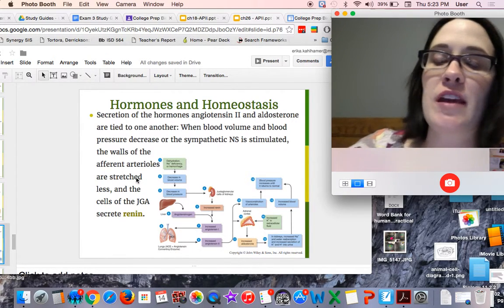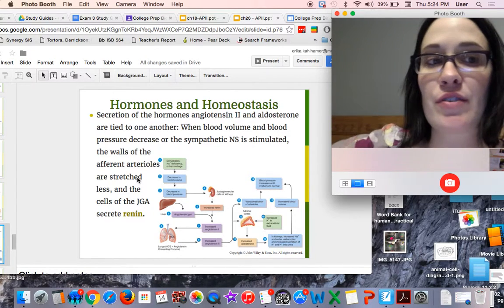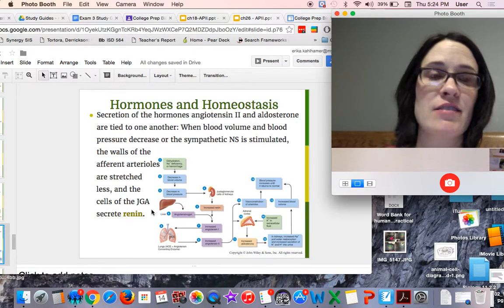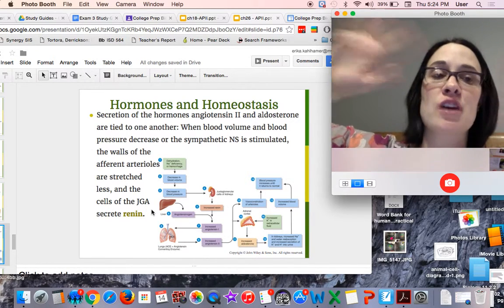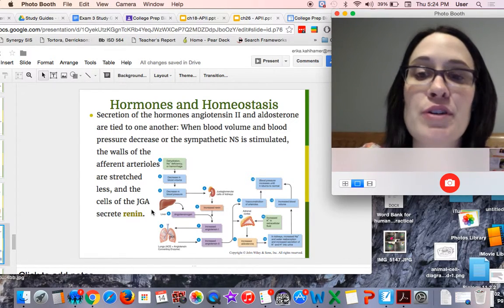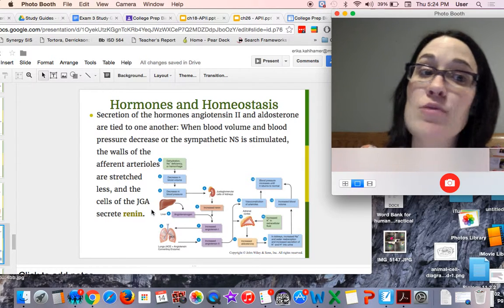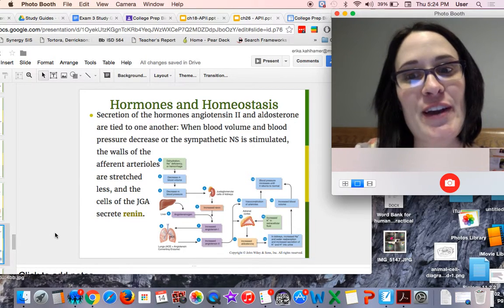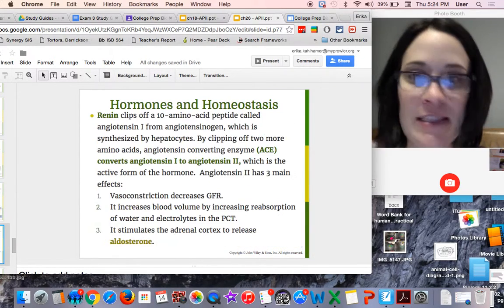The walls of the afferent arterioles coming to that glomerulus are stretched less, so they indicate in that juxtaglomerular apparatus that the blood pressure is low. Those cells in the juxtaglomerular apparatus secrete a hormone called renin.